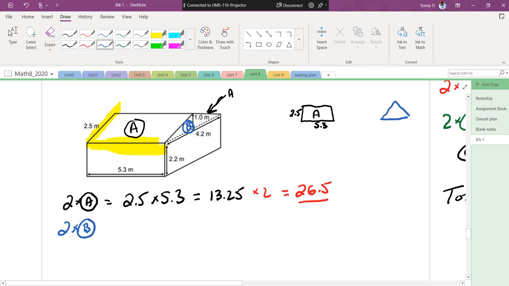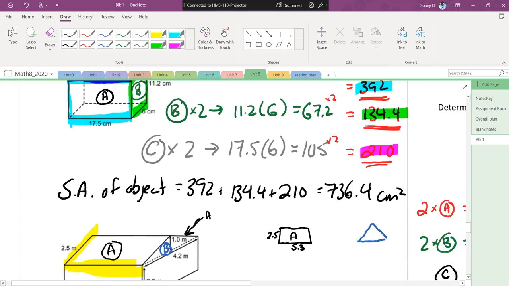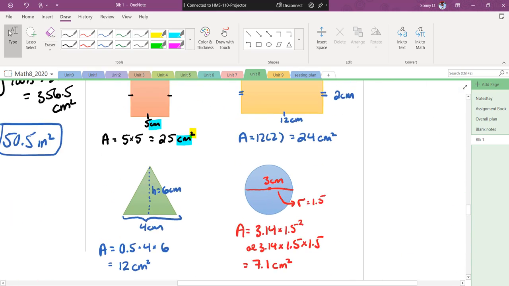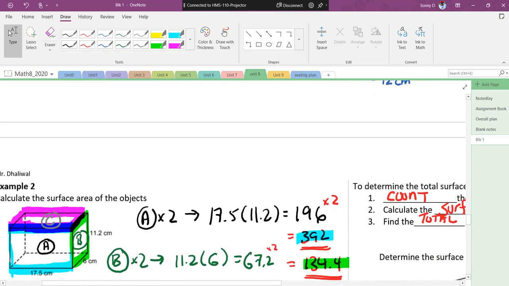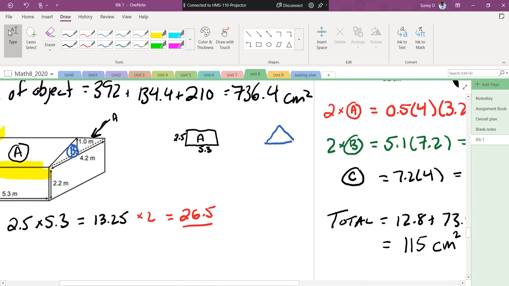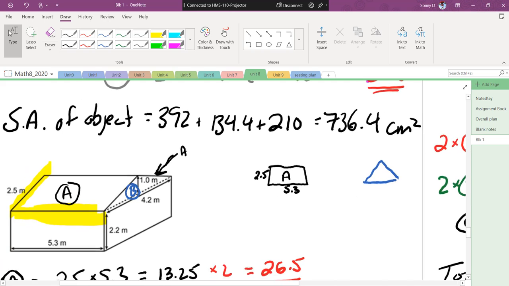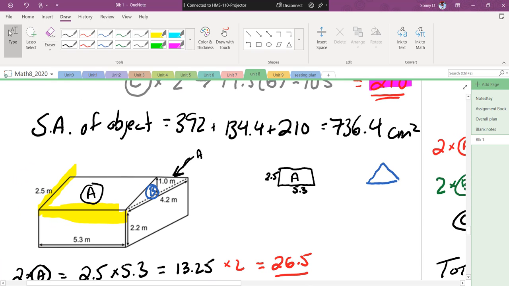Right? So for the area formula for a triangle, we need to know what the base is and what the height is. Right? So off the diagram here, what is the base and what is the height? Yes, Gordon? The height is 2.5?